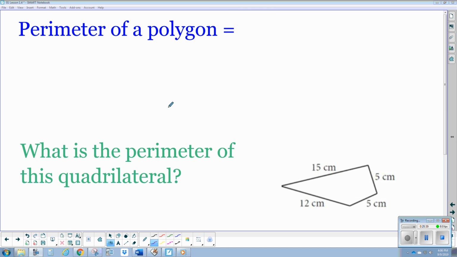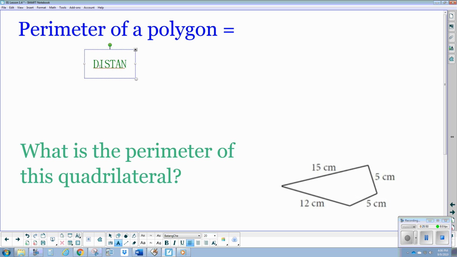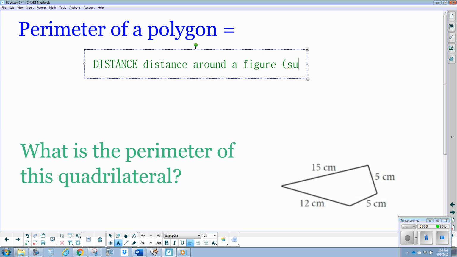Okay, and then we have just a couple terms left to define. The first is perimeter. We've defined perimeter before, but just to remind you all that it is distance around a figure. And in perimeter, we sum all of the sides.